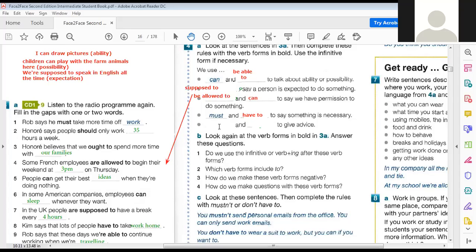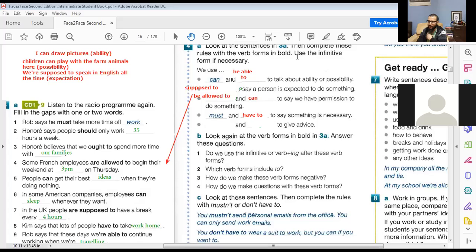You get the idea? So if the obligation is self-imposed, it means you impose the obligation on yourself. We say must. For example, you can say, I must take care of my health. I need to exercise more because I must take care of myself. Do you get the idea?